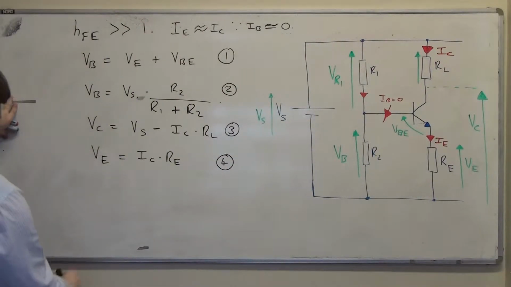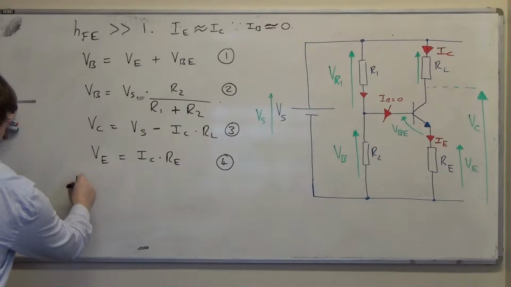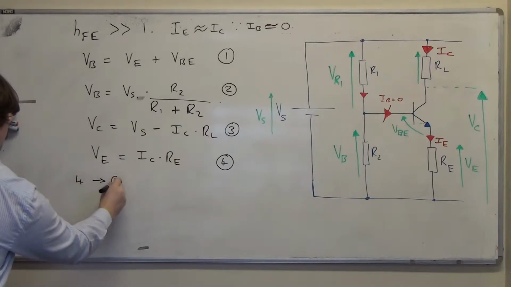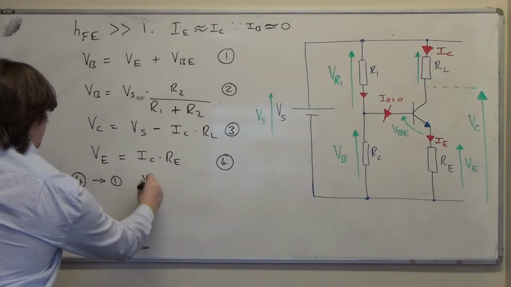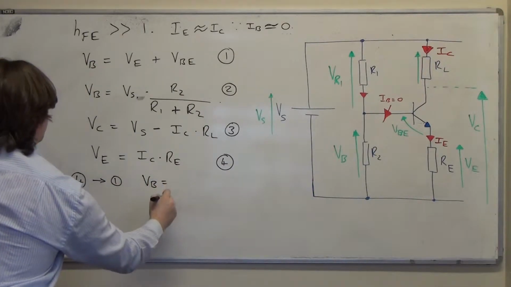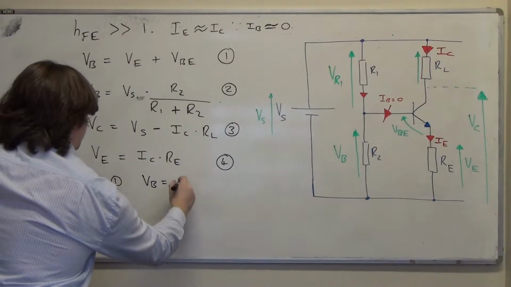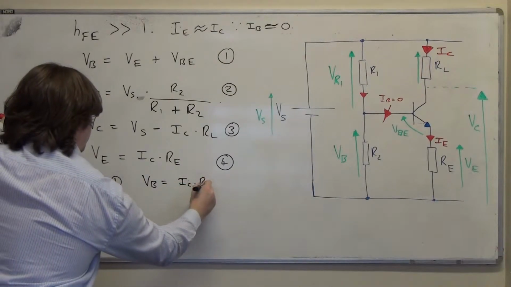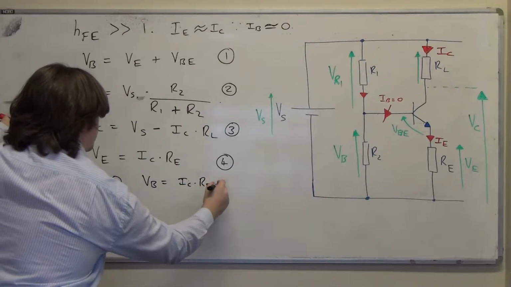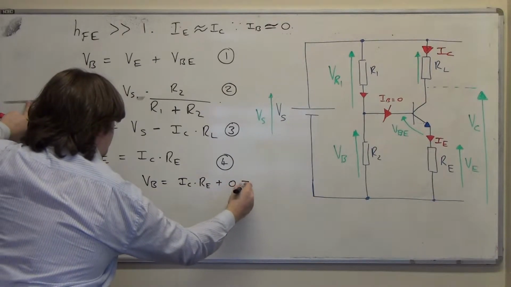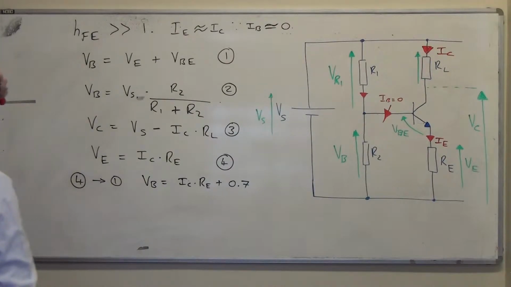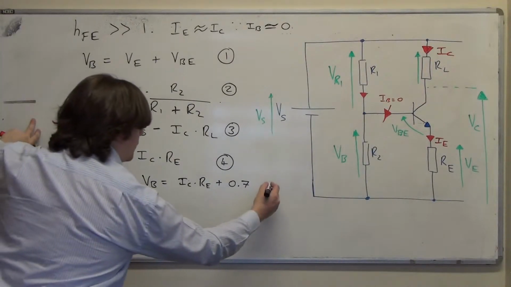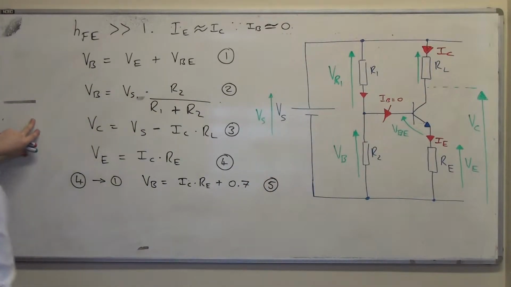So we'll do 4 into 1, and that will give us VB is equal to IC times RE plus 0.7, because we know that VB is going to be approximately 0.7. So that's 4 into 1, we'll call that one 5.